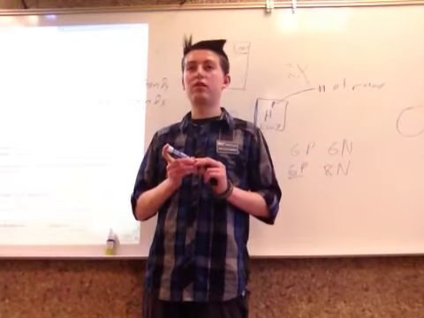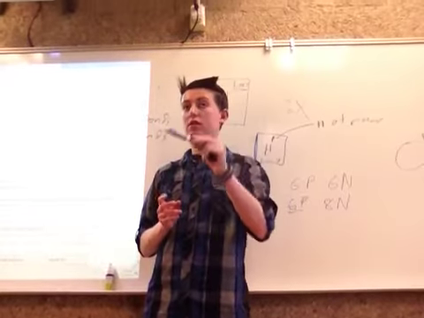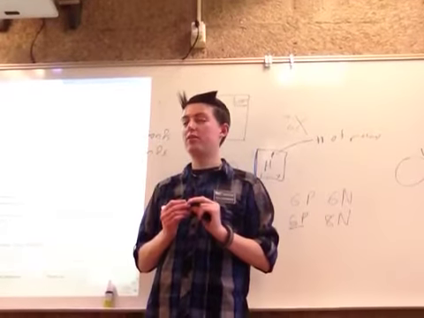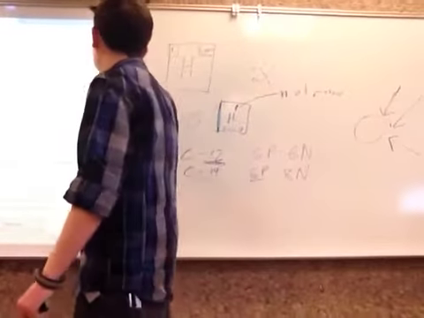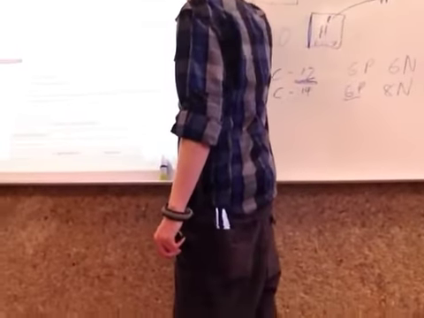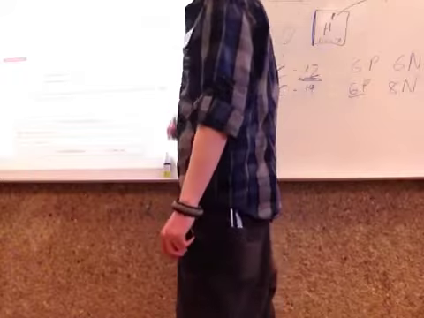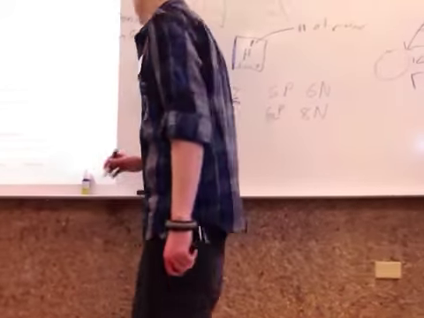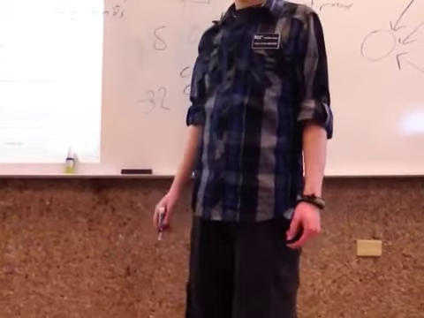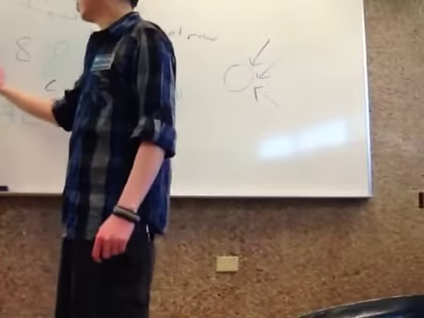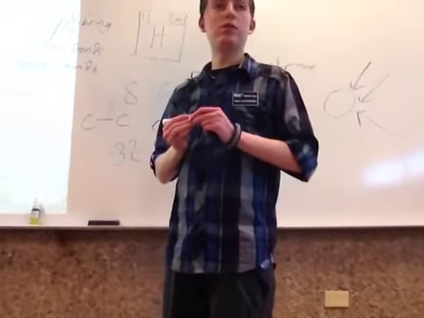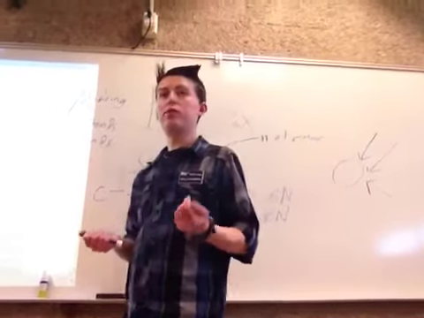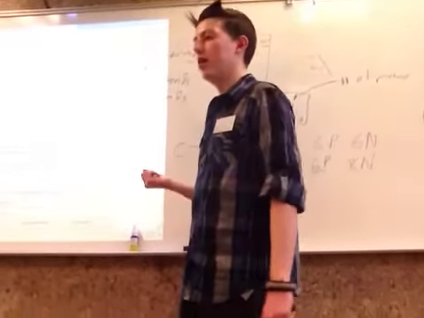Transfer, not quite. Shared, good. So when you think covalent, think sharing. In a covalent molecule, if 2 carbons were bonded to each other, that would be a covalent bond. So bonds between two nonmetals.